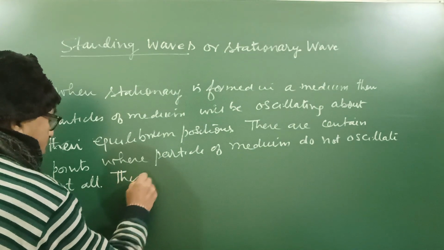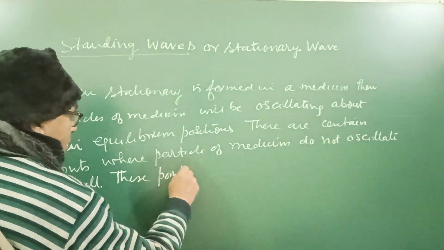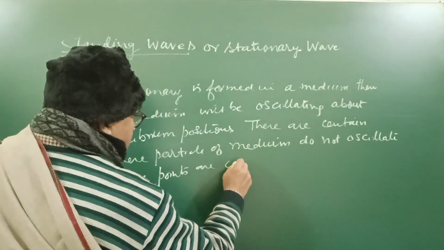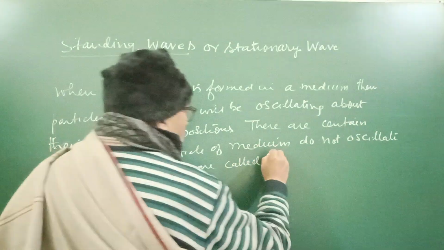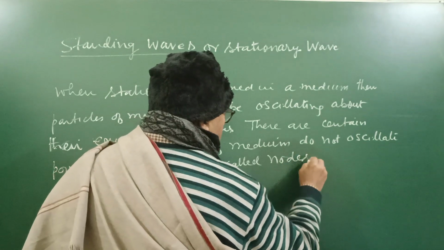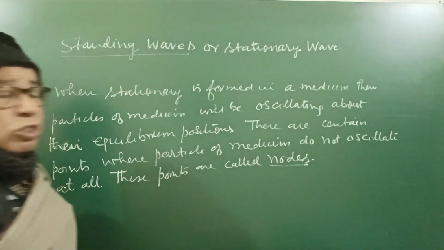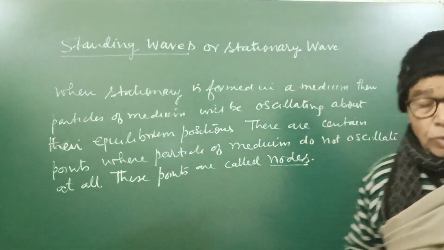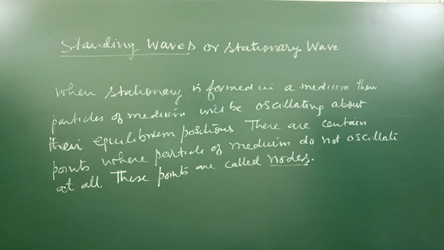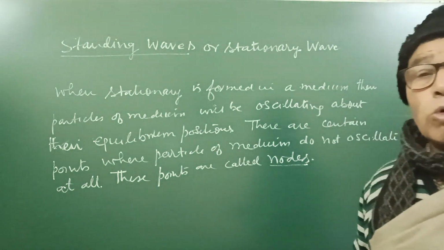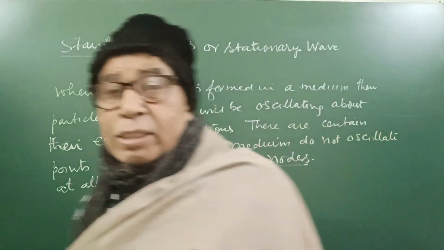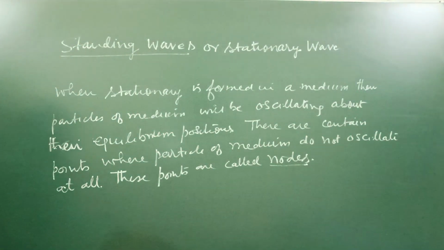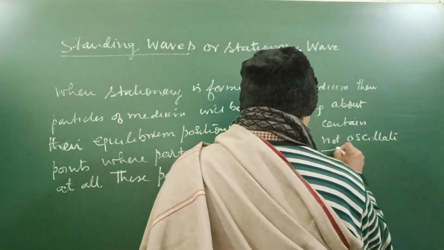These points are called nodes. People ask this question, what are nodes? The nodes are formed in stationary wave formation. When a stationary wave is formed, the particles of the medium keep on oscillating about the mean position, but there are certain points where the particles do not oscillate at all. These points are called nodes.